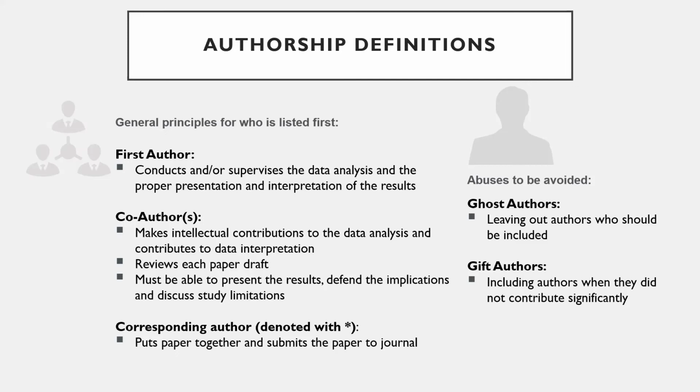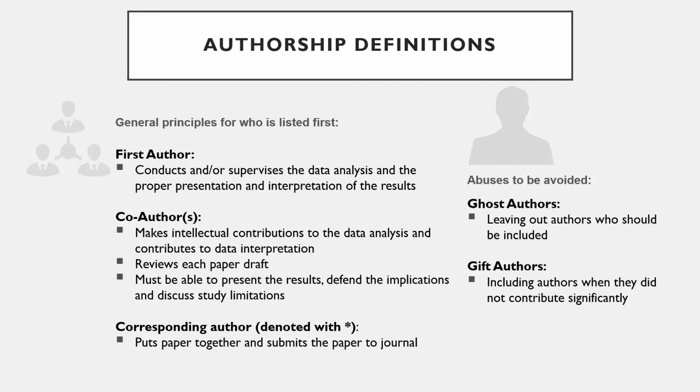Okay, so it will be the corresponding author. But sometimes it can be the second author, the third author. It can be anyone. But for most papers, it's better that the first author is the corresponding author. Better, okay?